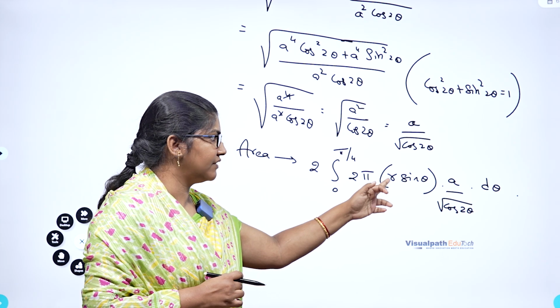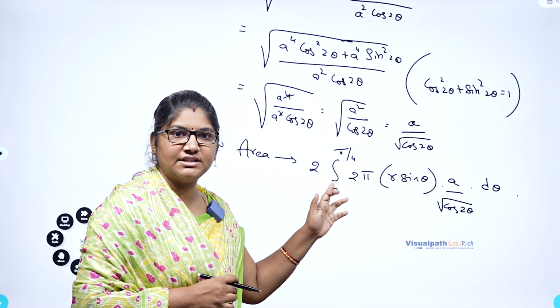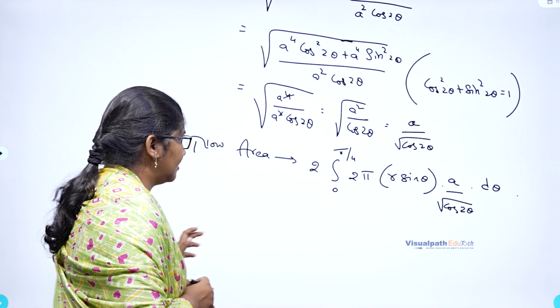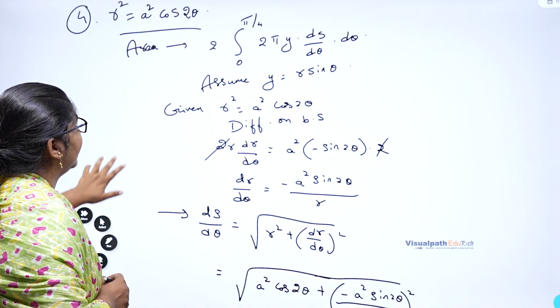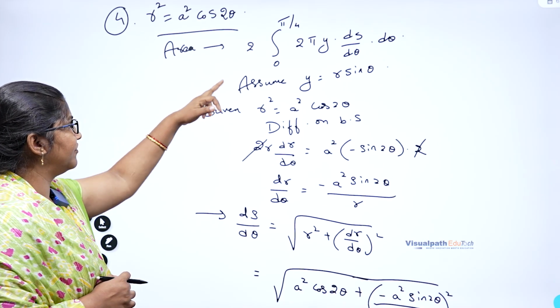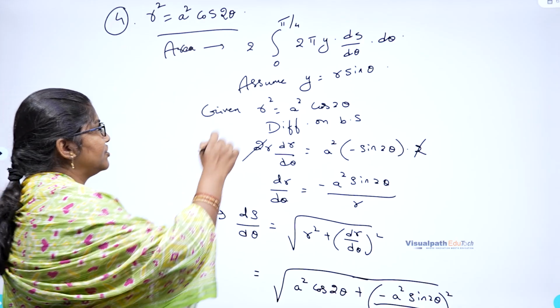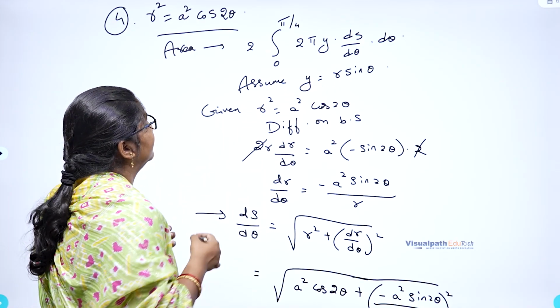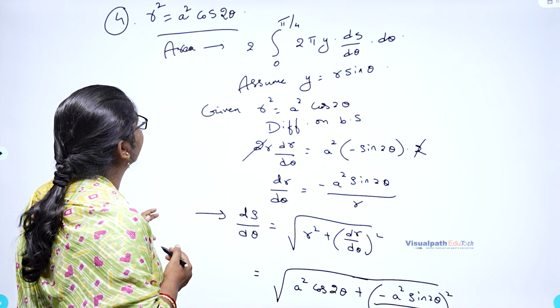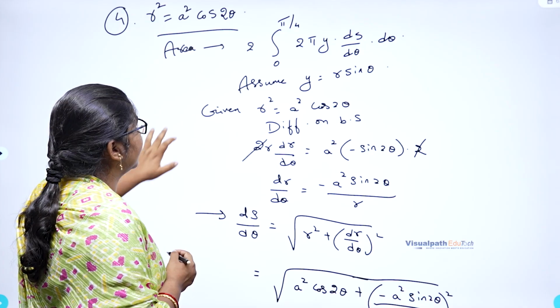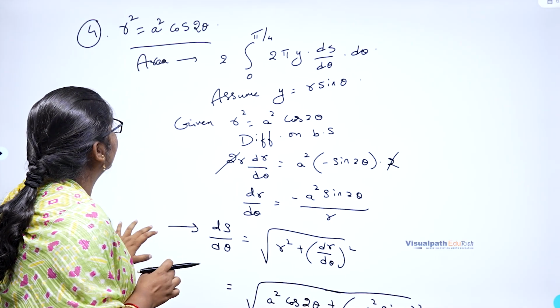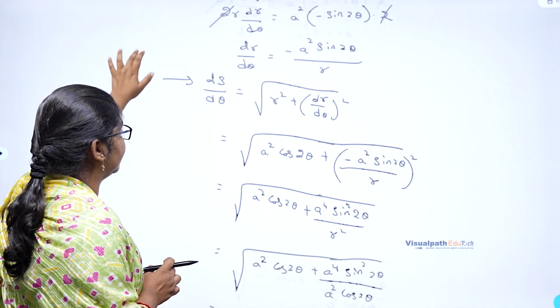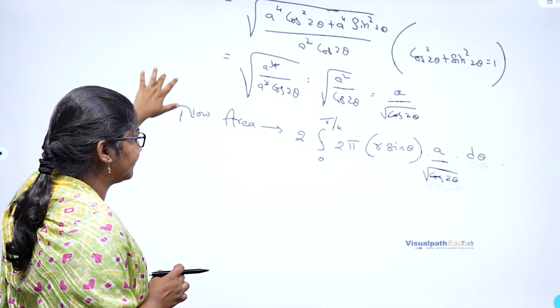Substituting the value of r, simplification should be done. We have written at the beginning of the problem, assuming y is r sin theta. What is r here? r is a under root cos 2 theta.